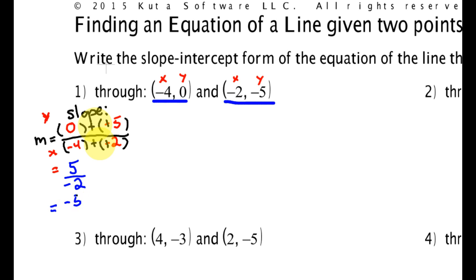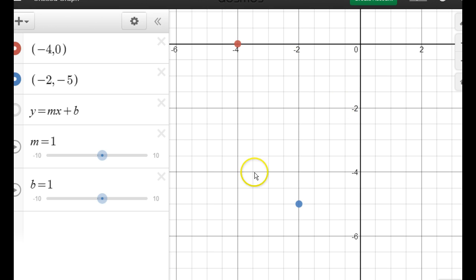So that's the same as -5 over 2. And on the graph, it's the same thing as well. So I can go down 5, right 2, down is negative, right is positive, or I can go up 5, left 2, up is positive, and left is negative. So either one of those works.